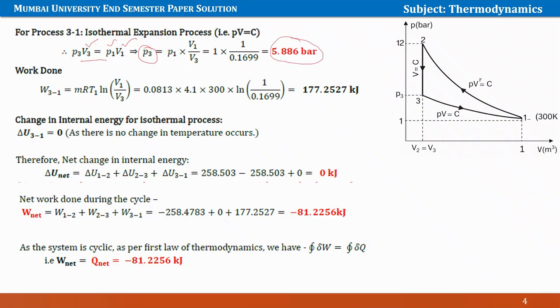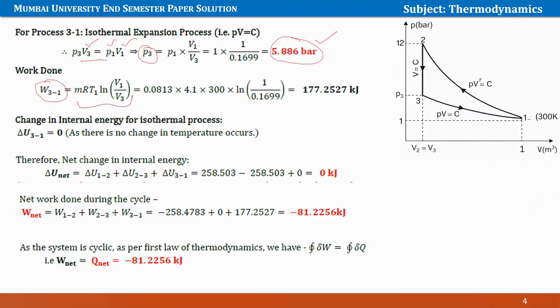So pressure at point number 3 is 5.88 bar, because the pressure at point 1 is 1 bar, volume V1 is 1 meter cube, and volume V3 is 0.1699 meter cube. Based on this we will get this value. Now during the 3 to 1 process, what is the work done? It is an isothermal process, so for an isothermal process the work done can be calculated using this formula.